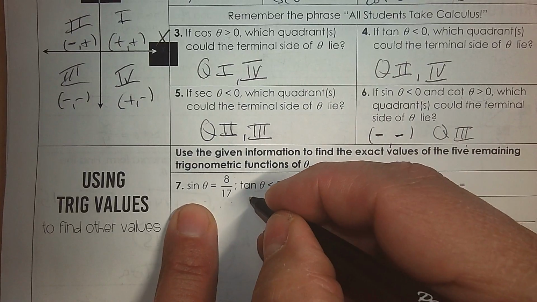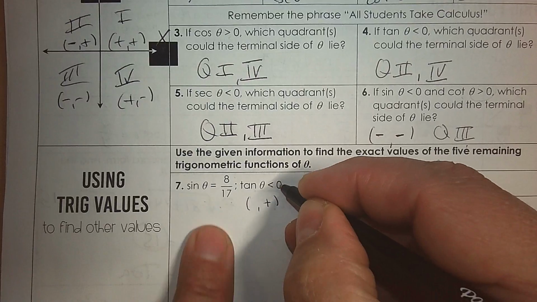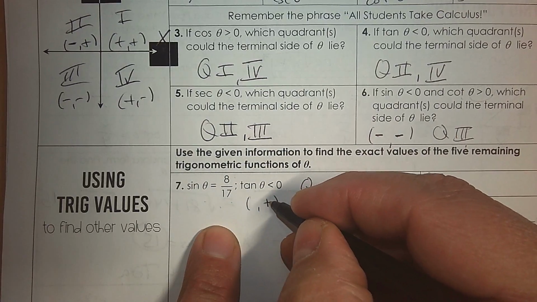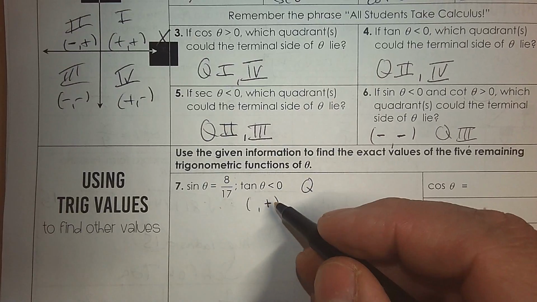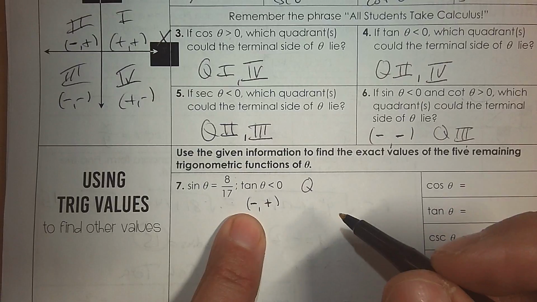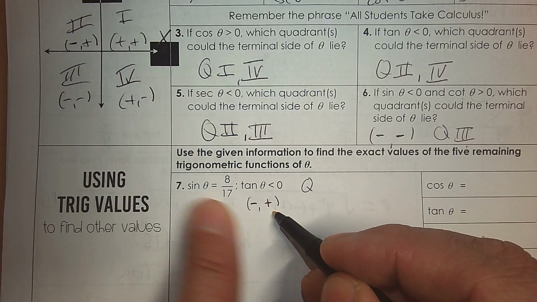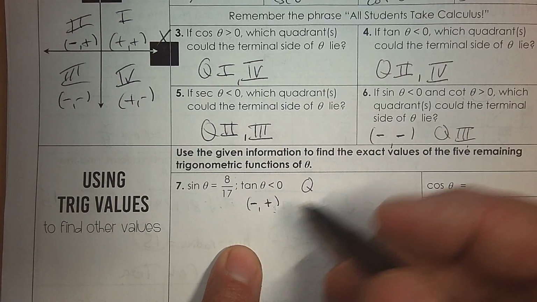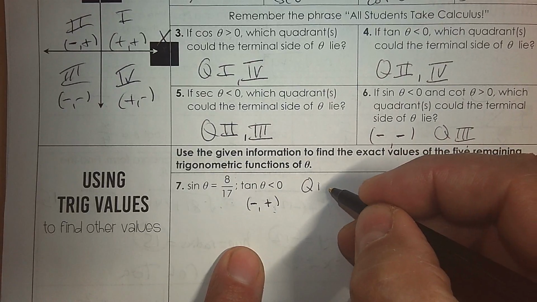That means the y coordinate is positive, and tangent is negative. If the y coordinate's positive, and when you go y over x the answer is negative, this must be negative. So the y coordinate's positive, so it works with sine, but when you divide it, the answer is negative. What quadrant are we in? We're in quadrant number 2.